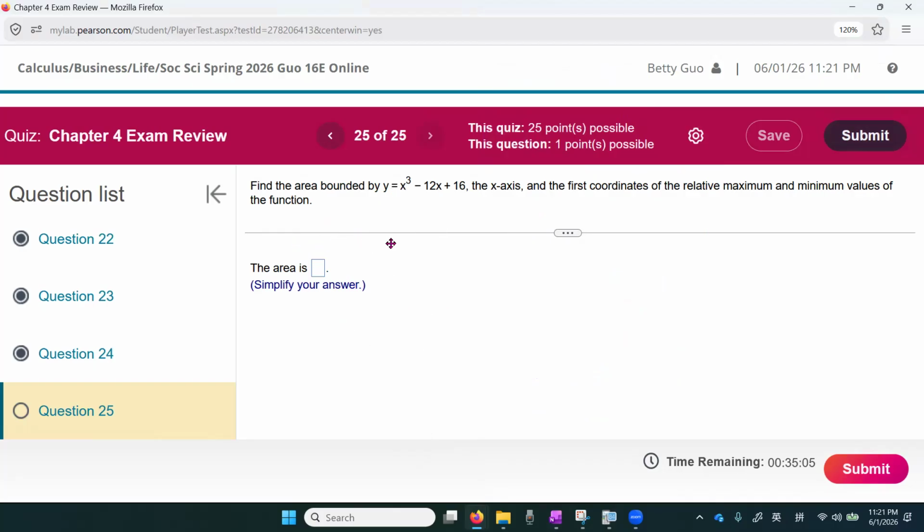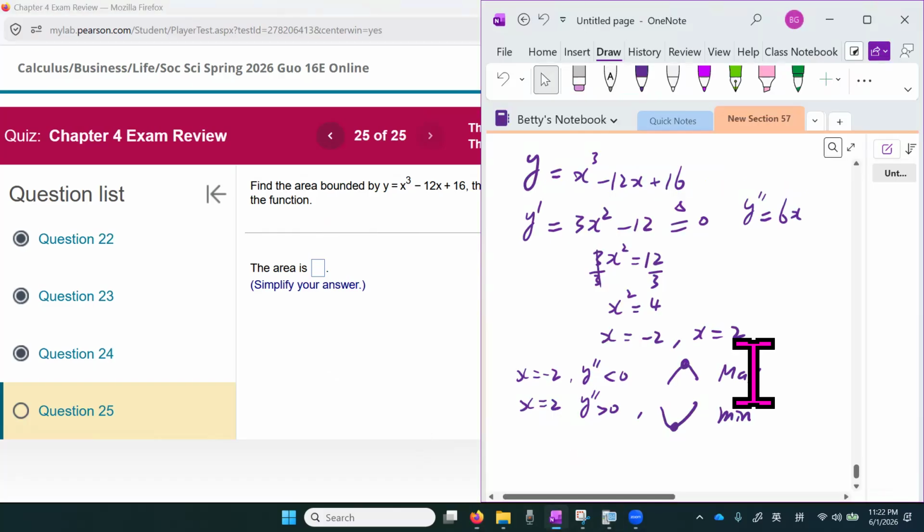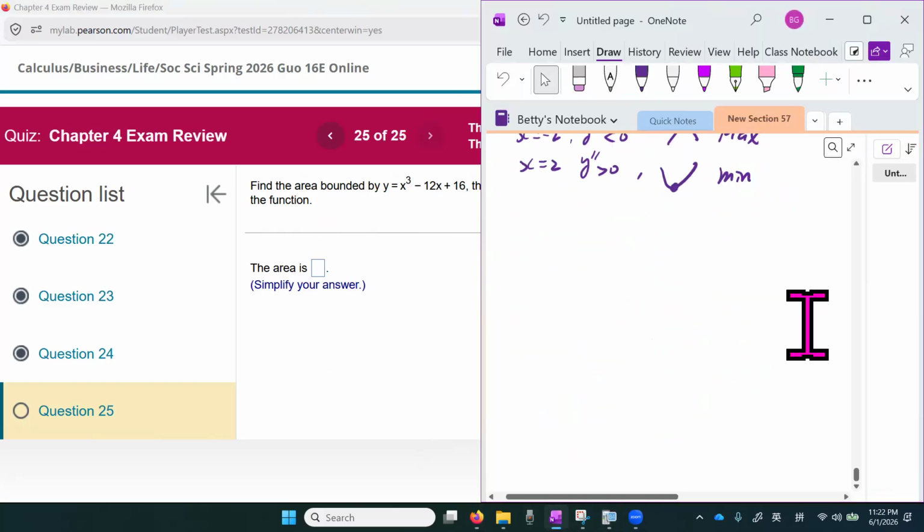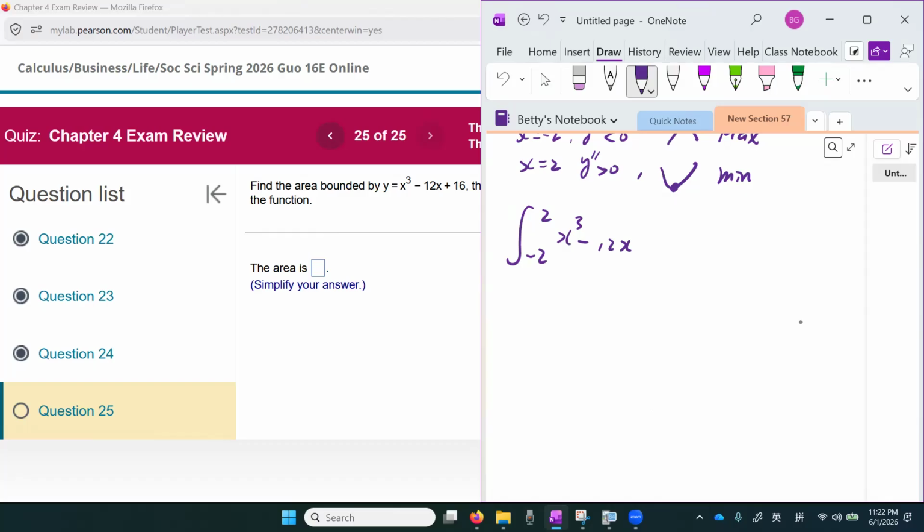Then the area bounded by the x-axis: we're going to have from -2 to +2 the function x cubed minus 12x plus 16 dx.